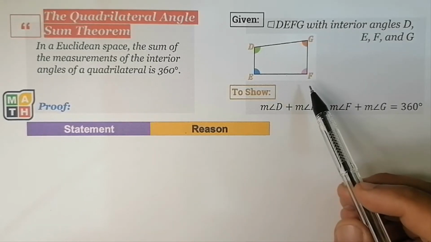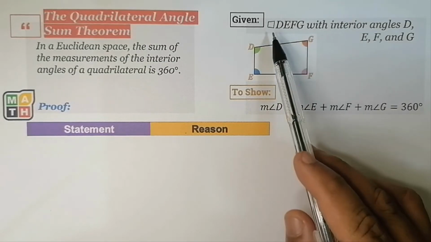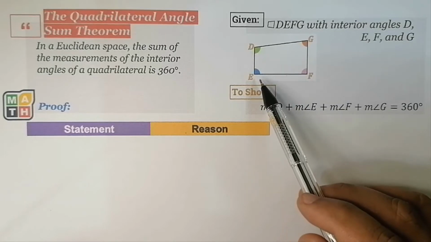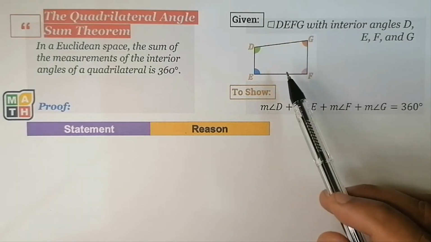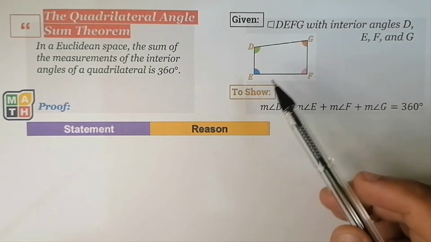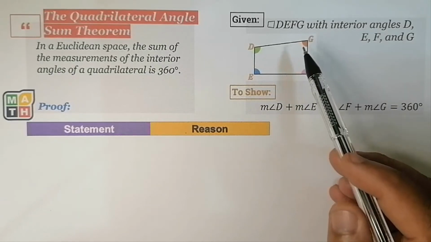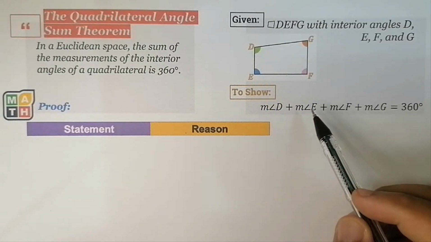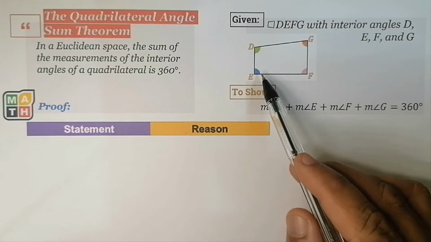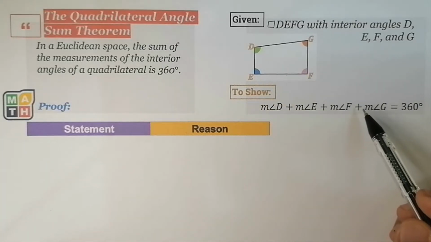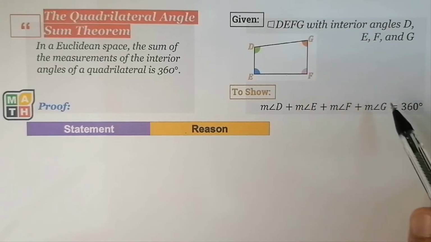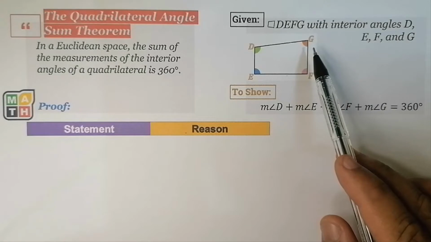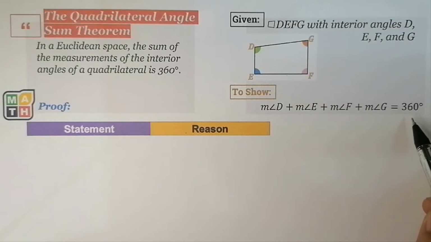To do this, let us use this given figure here. We have quadrilateral DEFG with interior angles D, E, F, and G. And what we need to show is that the measurement of the colored angles here, say the measurement of angle D, the green colored angle, plus the measurement of angle E, the blue colored angle, plus the measurement of angle F, the pink colored angle, plus the measurement of angle G, which is the orange colored angle, be equal to 360 degrees.